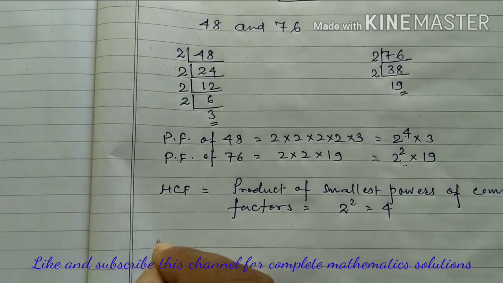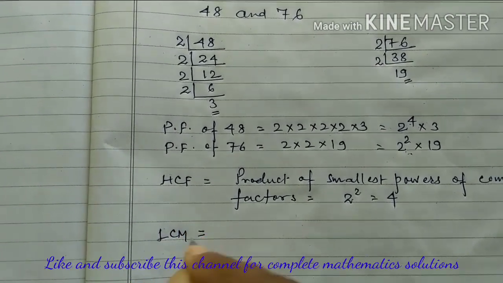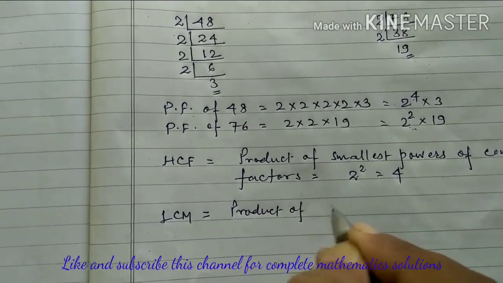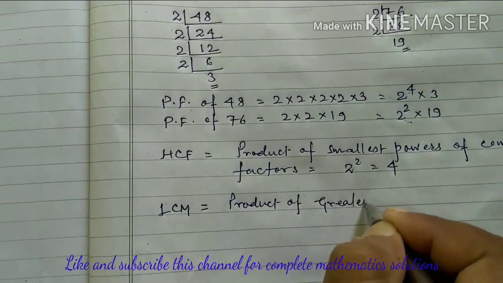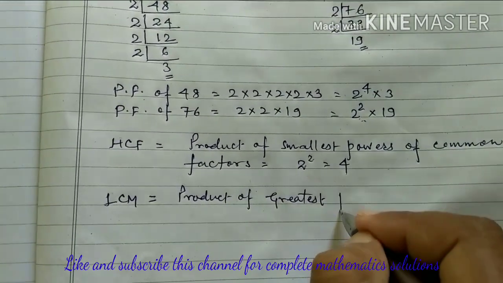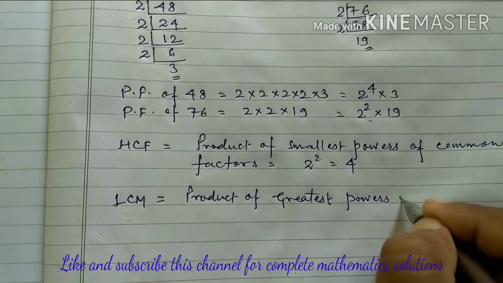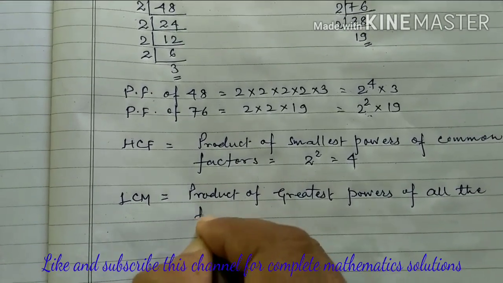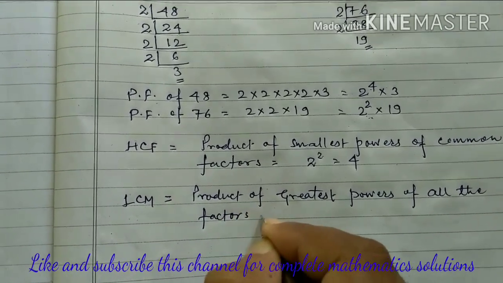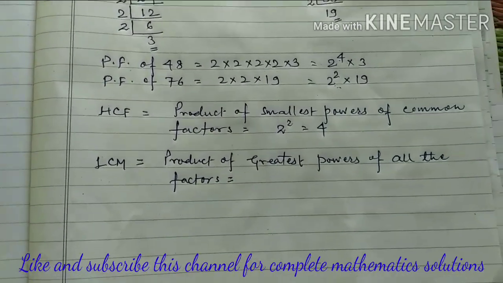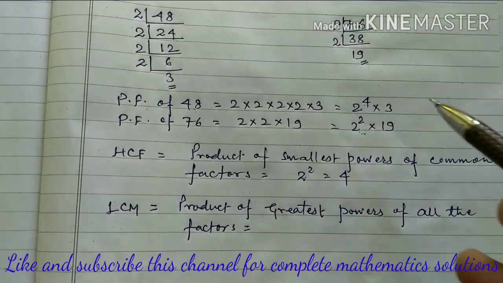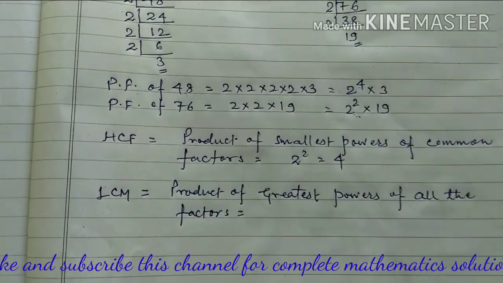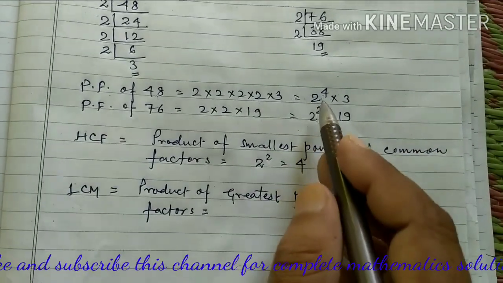Clear? Then LCM. What will be the LCM? LCM will be the product of the greatest powers of all the factors. Meaning we will take all the factors which are included in the prime factorization of both the numbers, and we will take their greatest powers.